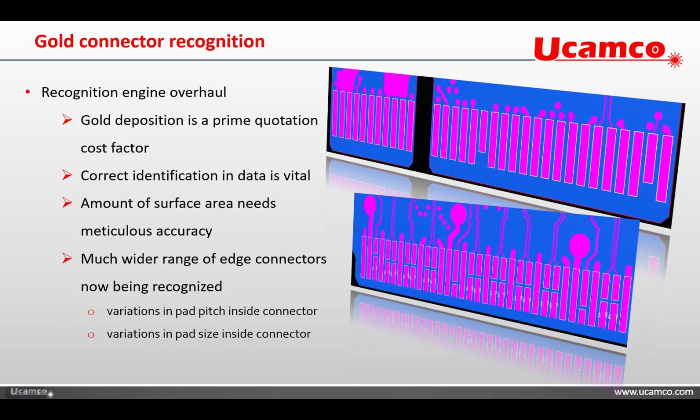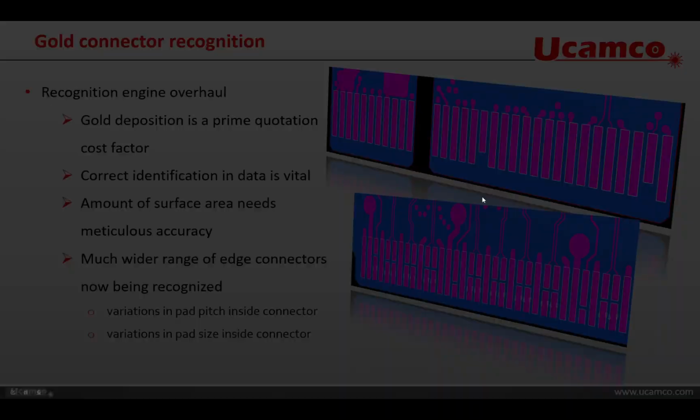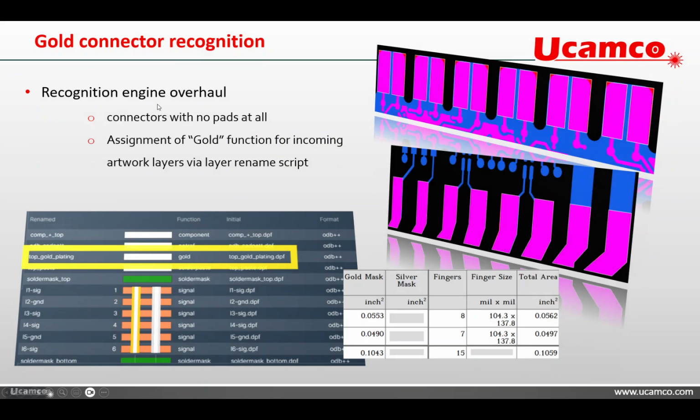What we do now that we have reviewed and revised our engine is we will now pick up a much wider range of edge connectors, and with a wider range it means that we will recognize connectors that have variations in their pad pitches inside the connector, that have variations in length, so shorter pads combined with longer pads, or like I think in the example on the next slide, which have actually no pads at all.